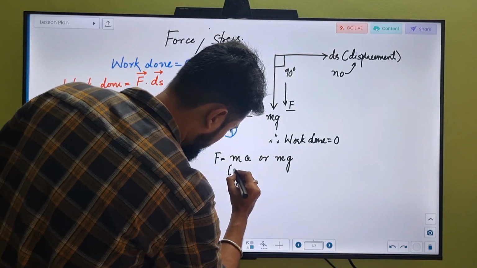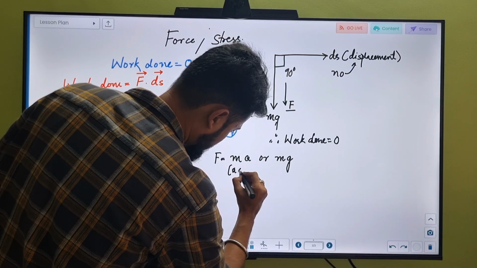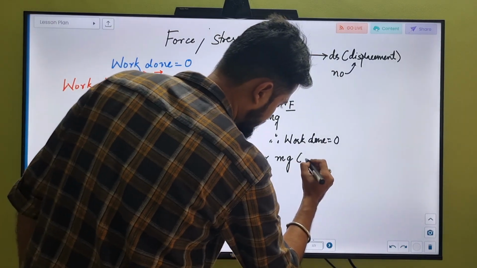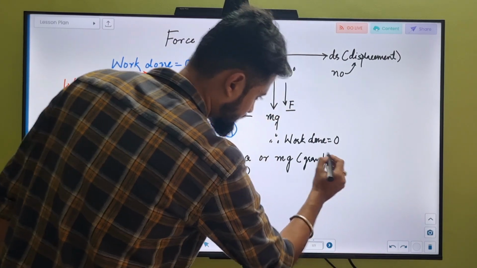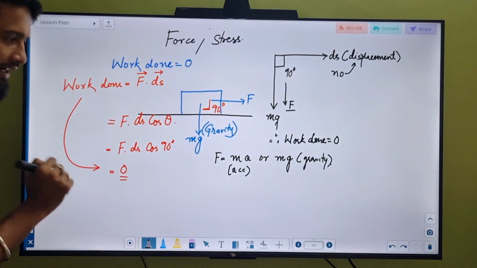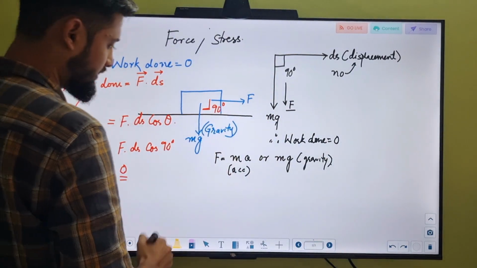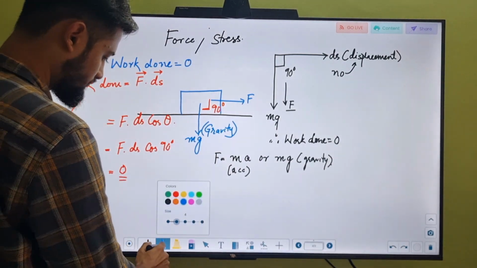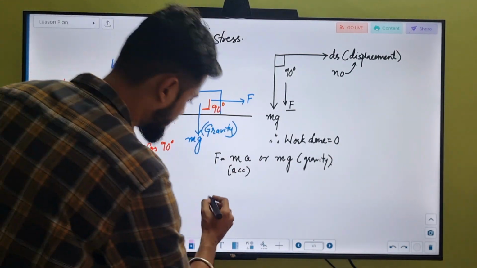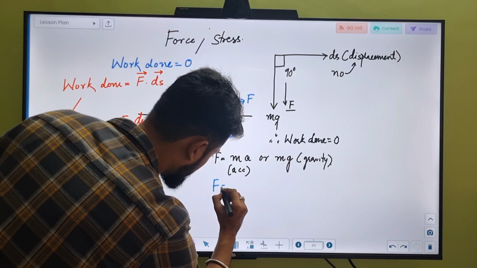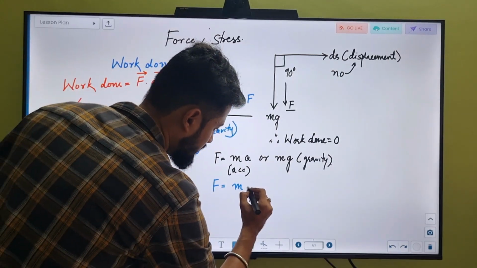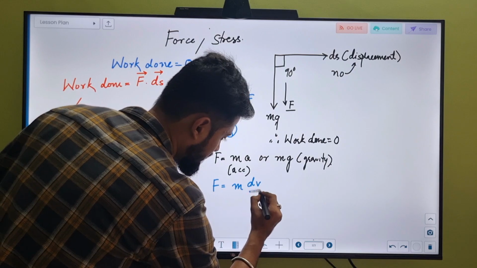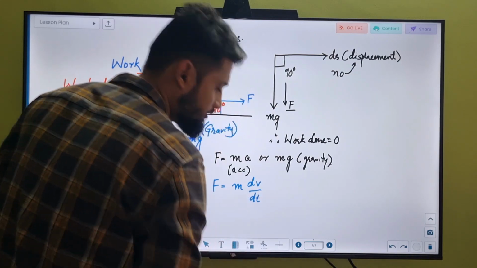This is in the case of acceleration, this is in the case of gravity. Okay. So this can also be written as F is equal to m of dv upon dt.